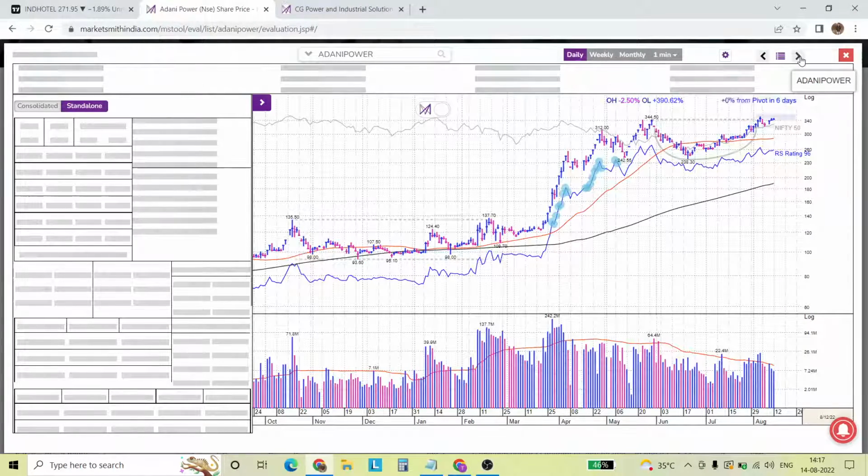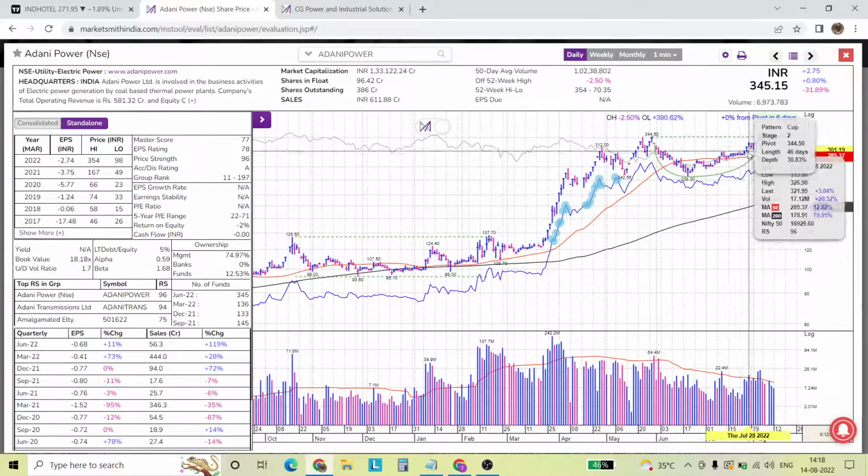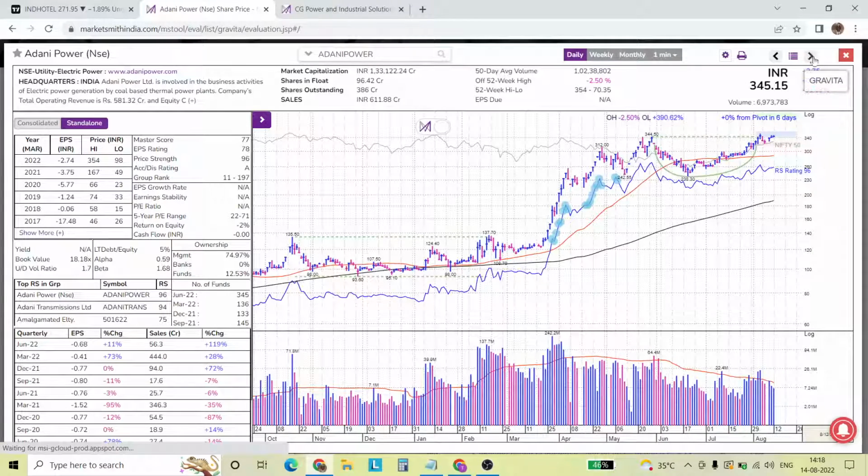So I'm trying to find one setup, and yeah, this is a good setup, but I already entered in this trade around this breakout, and it's going well.